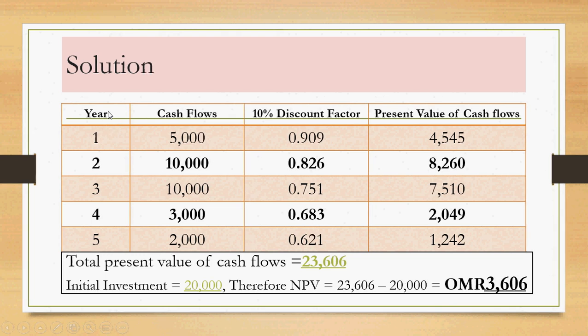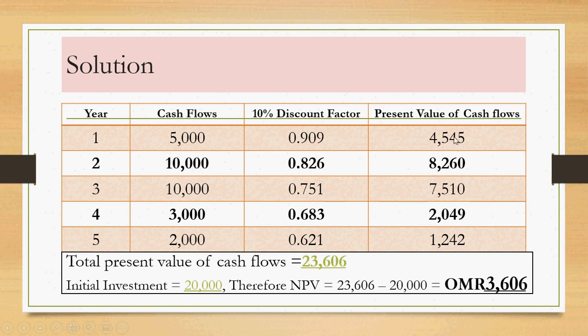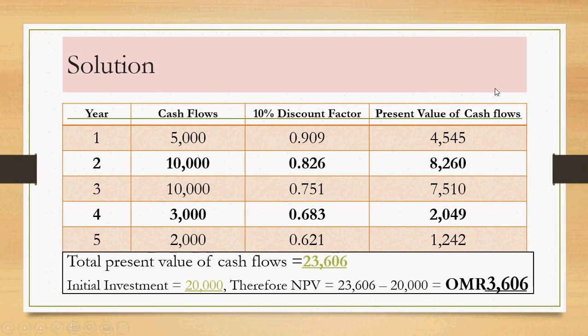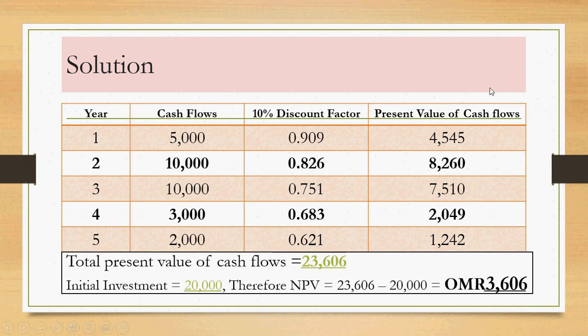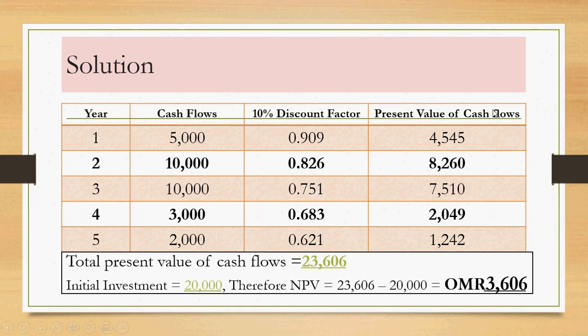I repeat, the year column, cash flows column and discount factor column will be given in the question. We need to calculate only the present value of cash flows. Calculation of present value of cash flows is as easy as cutting a piece of cake.